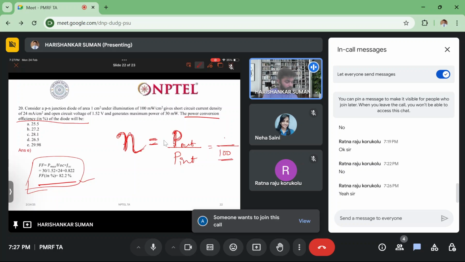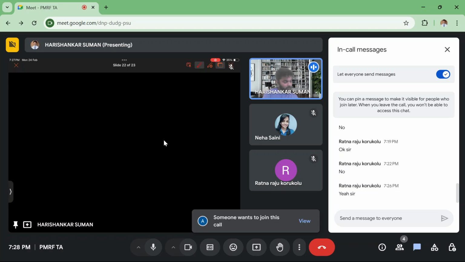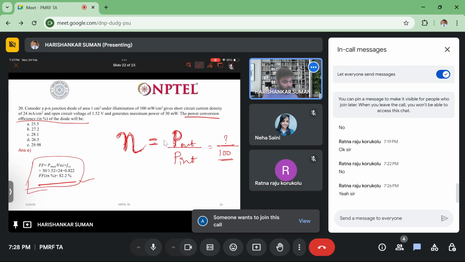Output, what is output? Or you can also use another formula.